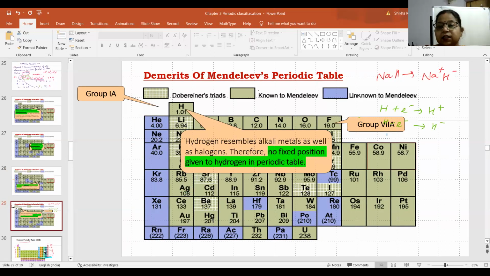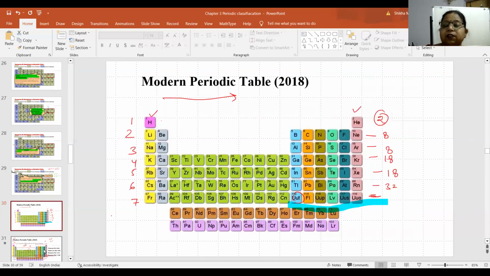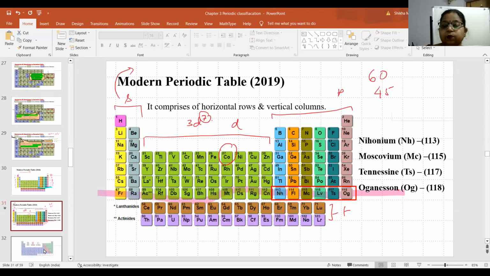This we have discussed, that hydrogen was not given a satisfactory position. After that, we moved to the modern periodic table, where 4 elements were added later. As a result, the 7th period, which was incomplete till 2018, became completely filled, right? So this we discussed in the last class.